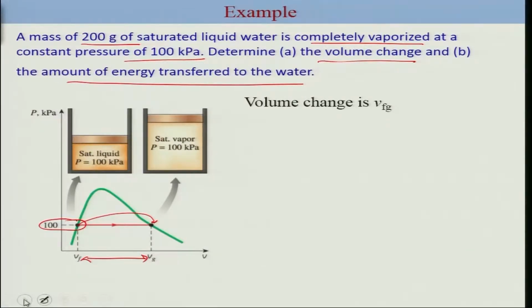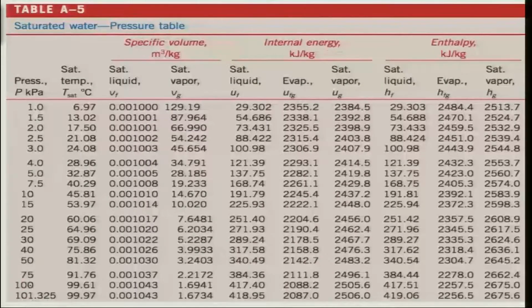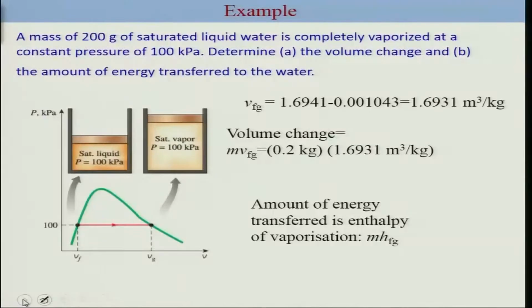So let's look at the table again. This is 100 kilopascal, table A5, okay. We are looking at the pressure, and the corresponding 100 kilopascal, the saturated liquid value for the specific volume is given here, and the corresponding vapor value is here, okay. So we are going to make use of these two values and plug them in.